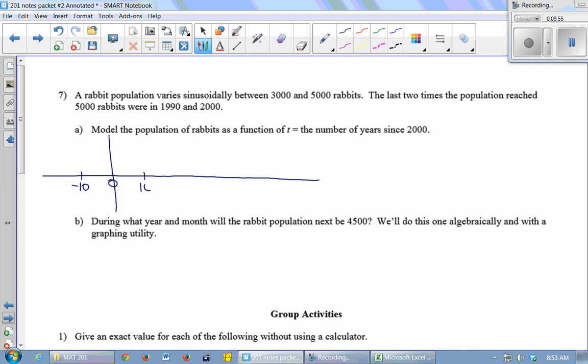And then I'm varying between 5,000 and 3,000 rabbits. In 1990, I had 5,000, and in 2000, 5,000. I really did a very poor job setting up these axes. Maybe I'll redraw it.